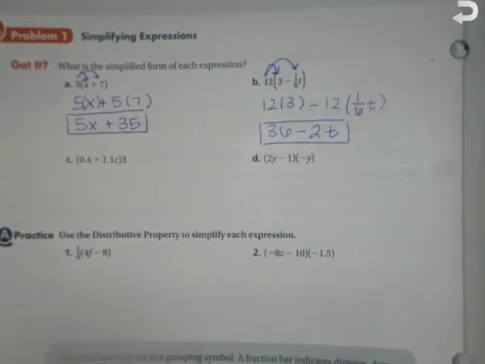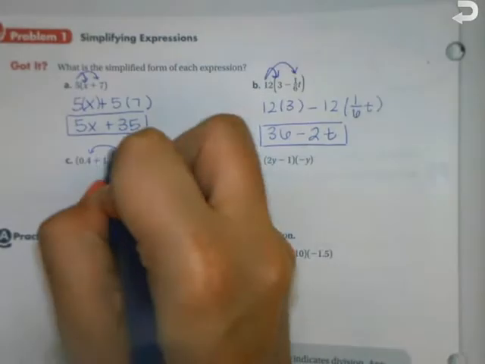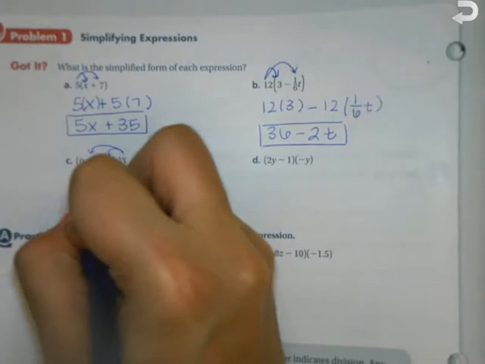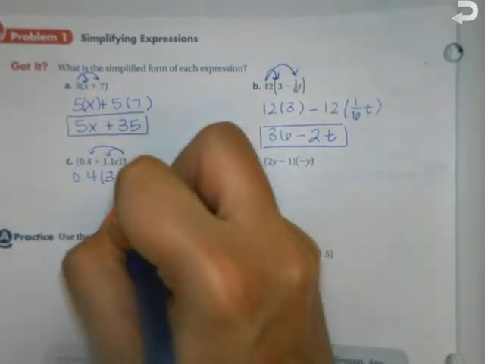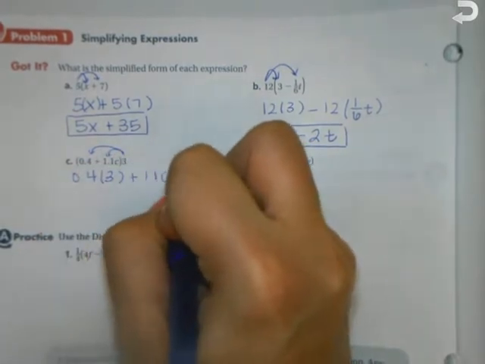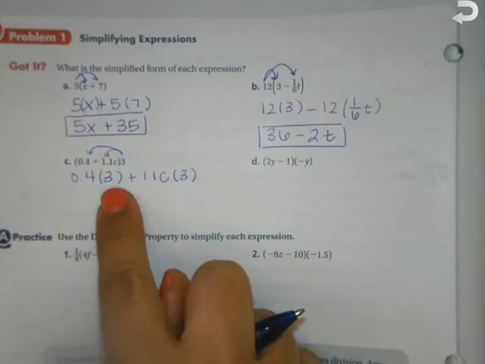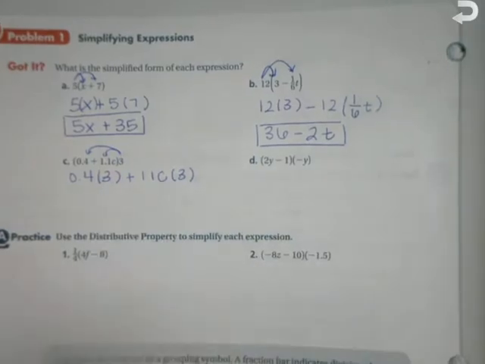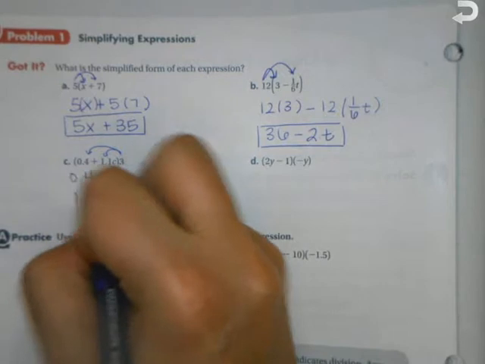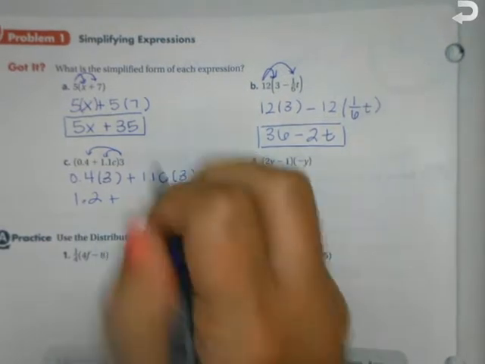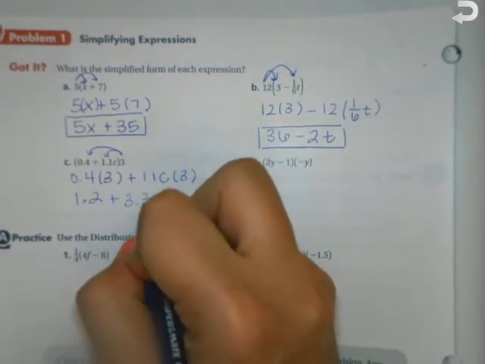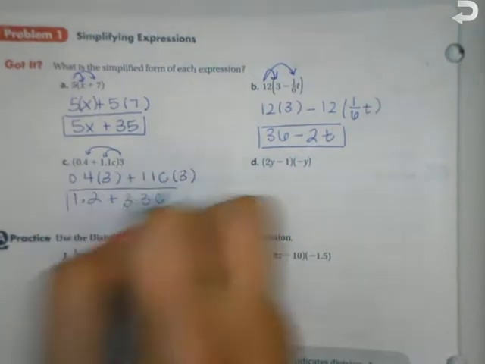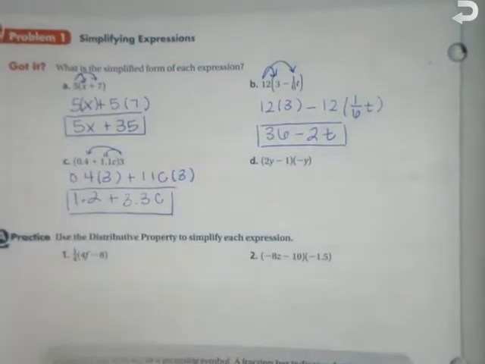Okay, part C. When you multiply, that gives you 0.4 times 3 plus 1.1c times 3. 0.4 times 3 gives us what, guys? 1.2. Plus 1.1c times 3 is? 3.3c. Everybody good? Okay.